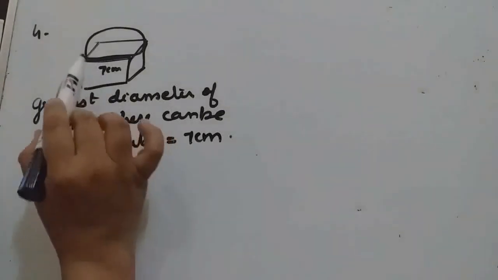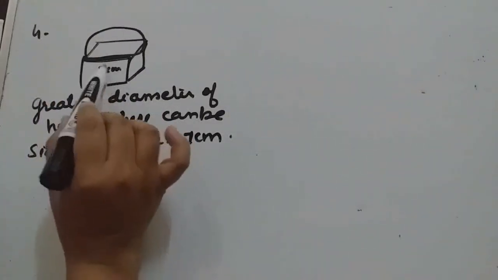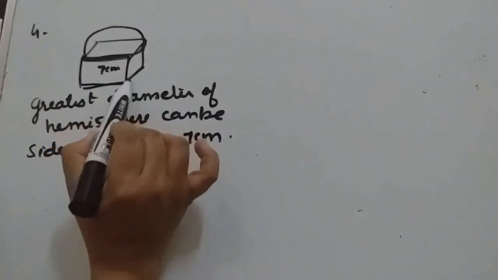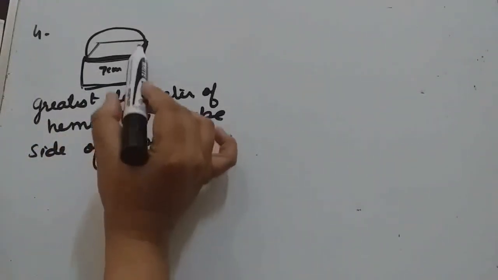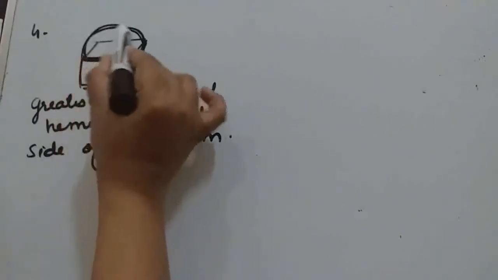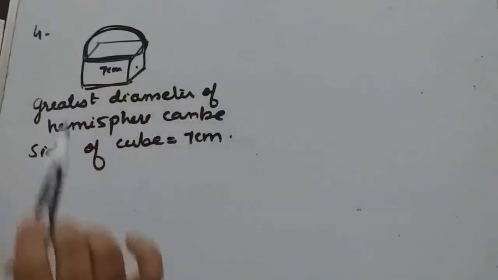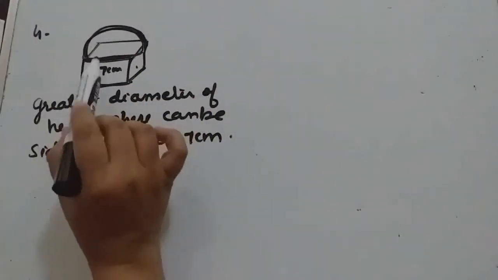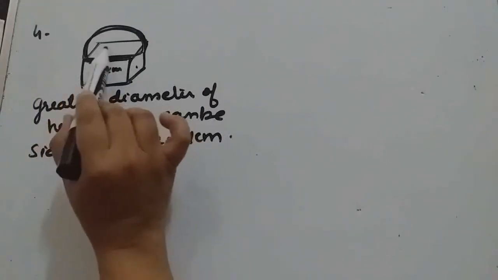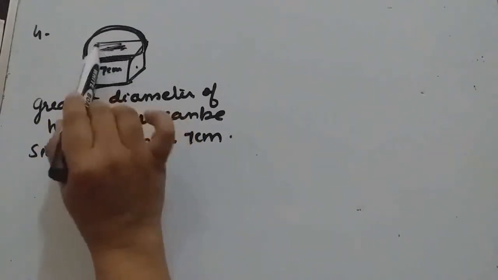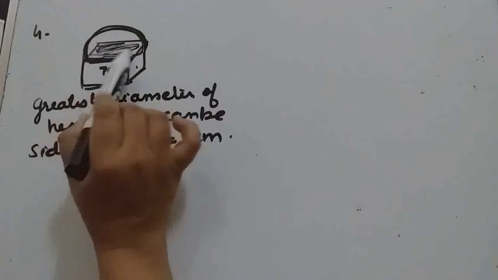Okay, now find the total surface area of the solid. So what we will do? We will find the surface area of the cube plus the surface area of the hemisphere. But the surface area of the cube contains this face also, isn't it?